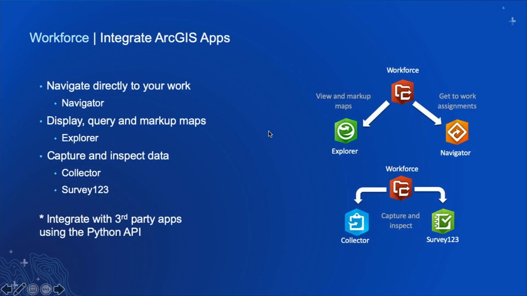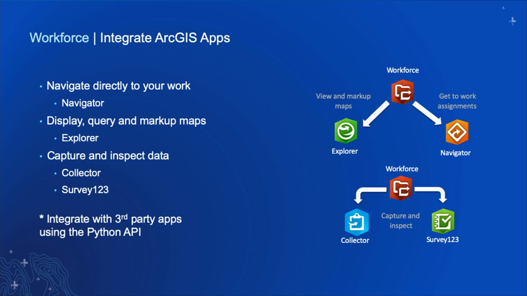So yeah, we talked about this a little bit, the different ways that Workforce can integrate with our other apps. And this is available in our documentation in terms of the different patterns that we see with our different apps. We talked a little bit about really the most common one that we see in use today, which is Workforce calling out to either Collector or even Survey123 if you're doing a form-based workflow.